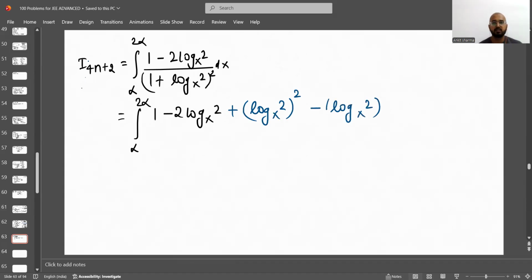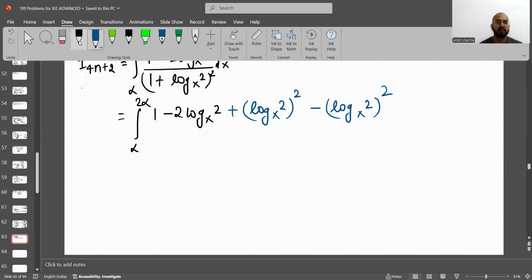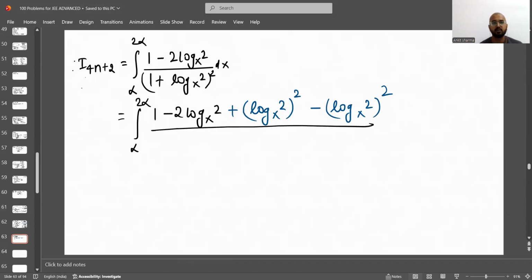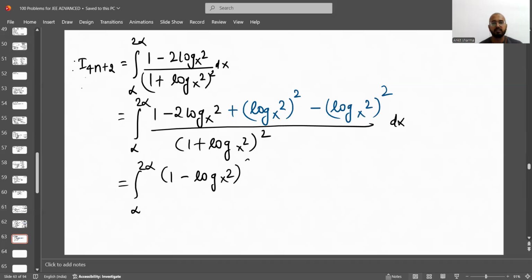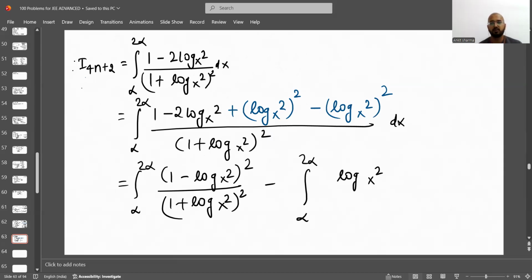So log 2 base x, the whole square. So now we are going to have it here like this, this over 1 plus log 2 base x, the whole square. Now this will be split up to write down alpha to 2 alpha, and this is 1 minus log 2 base x square over 1 plus log 2 base x square, this thing, and then minus again integral alpha to 2 alpha log 2 base x over 1 plus log 2 base x square dx.